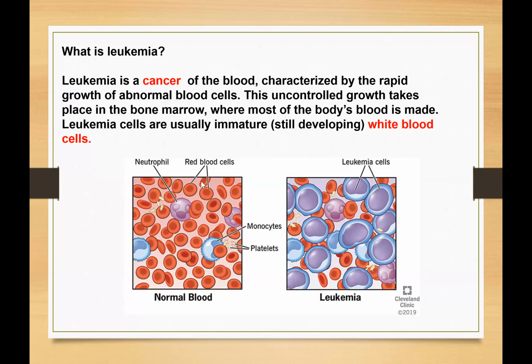For example, if you look at a normal blood composition in this panel, you see the blood plasma has different kinds of blood cells like neutrophils, RBCs, monocytes, and platelets. Whereas if you look at the blood of a leukemia patient, here the blood is dominated by leukemia cells.